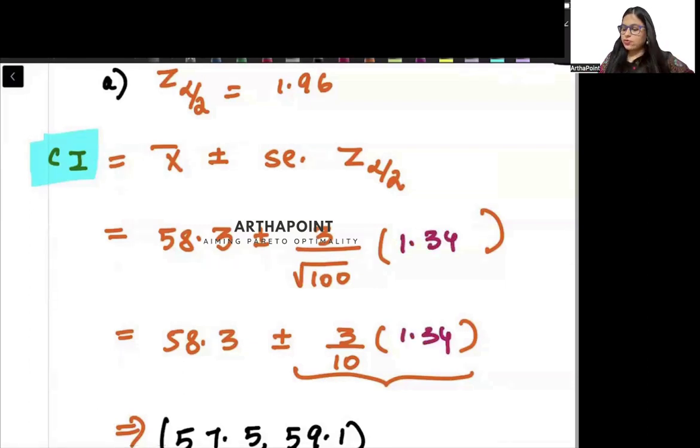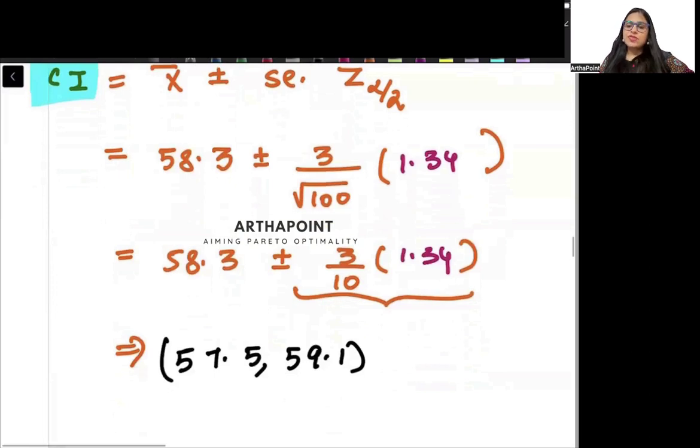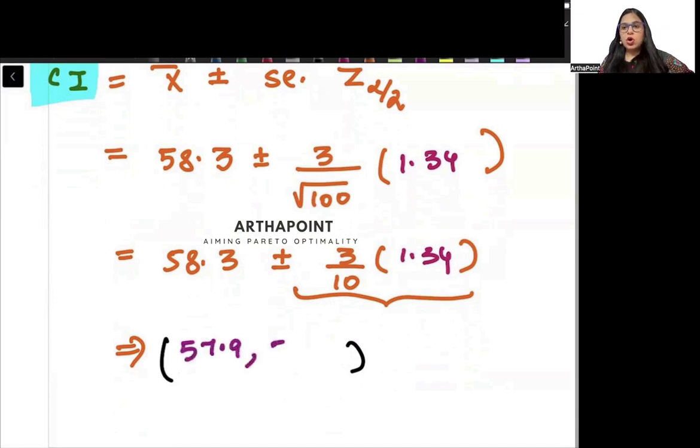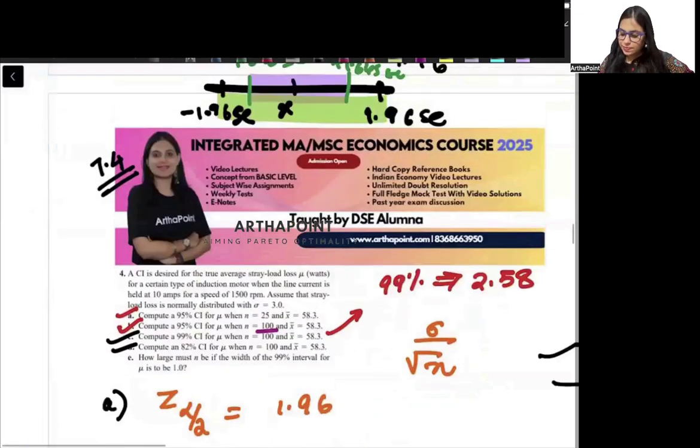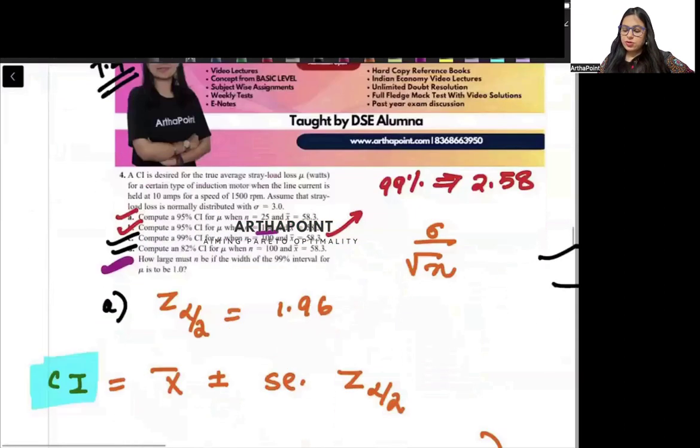When you solve this, the answer will be 57.9, 58.7.